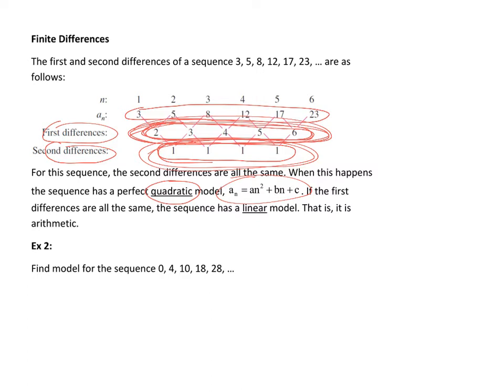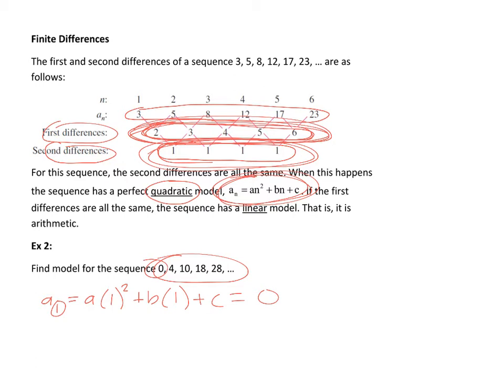All right, now find the model for the sequence. Here's a sequence of numbers. Okay, so using this model here, for the first term, a sub 1 is equal to a times n, which is 1, squared plus b times 1 plus c, and it's equal to the first term, which is 0.